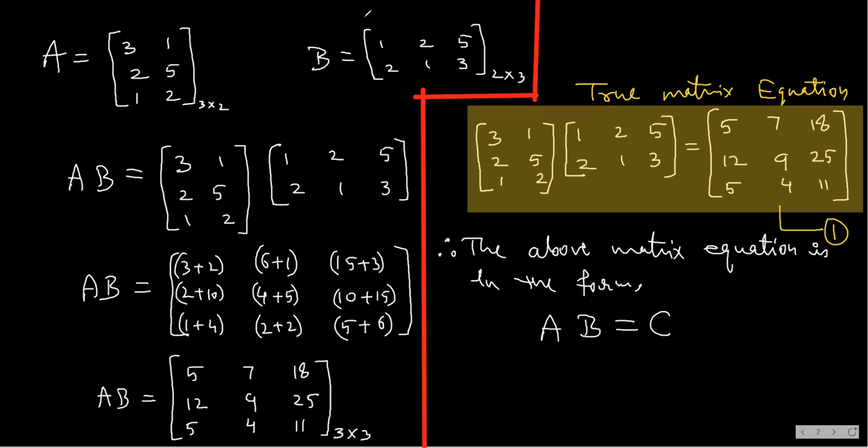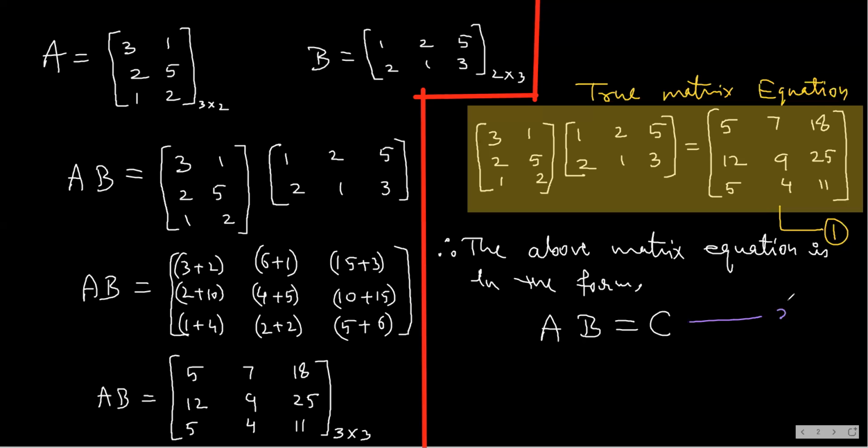Try to understand. I will first speak about the row transformation, and whatever I apply on row transformation, with slight changes, we can also understand the column transformation. So here I have AB equals to C.